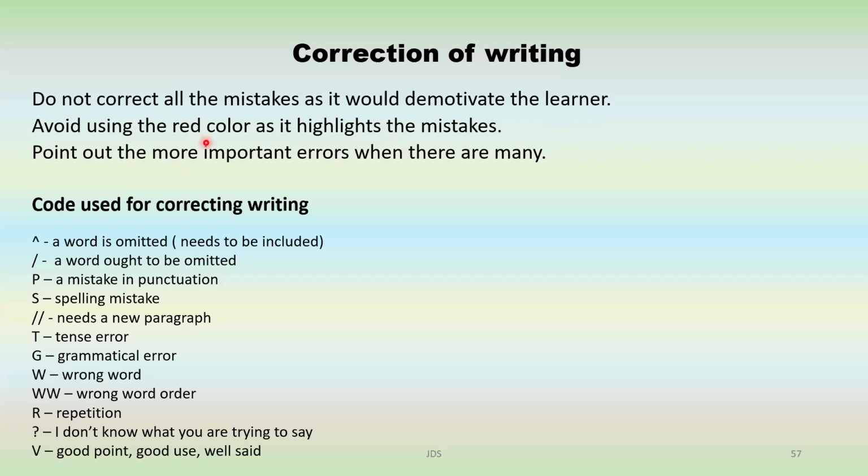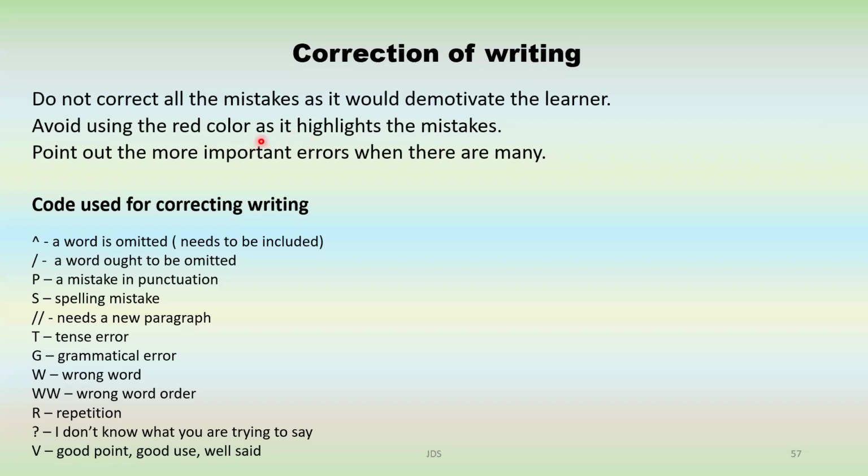Then avoid using red pen as it highlights the mistakes. Psychologically, too much red ink on the writing will demotivate, and it might not be an appropriate way to handle the learner's writing skill.